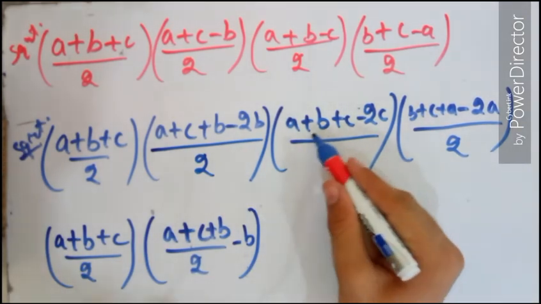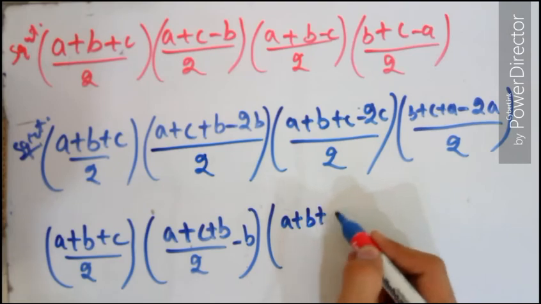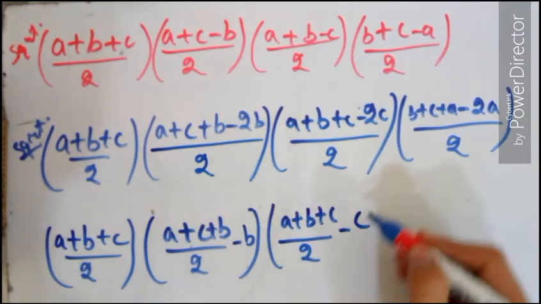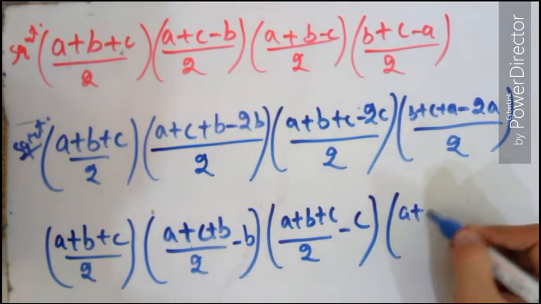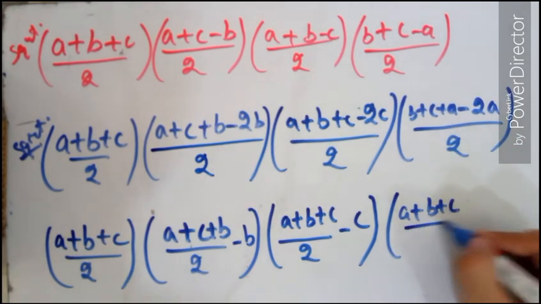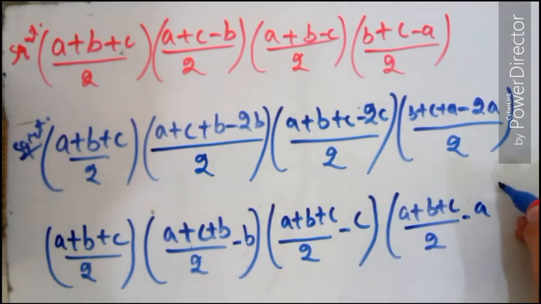And similarly right here, (a plus b plus c) upon 2 minus c, the same way I wrote this one, and same right here, (a plus b plus c) upon 2 minus a, the same way.